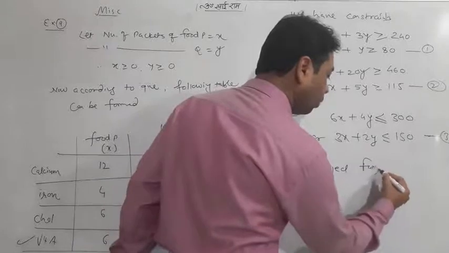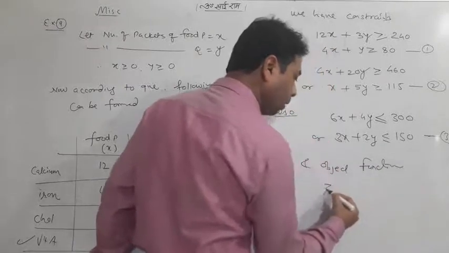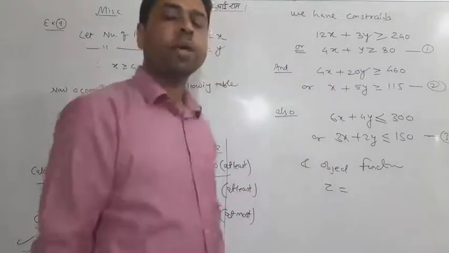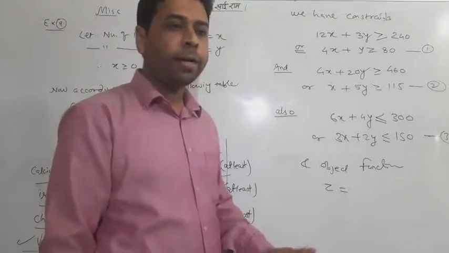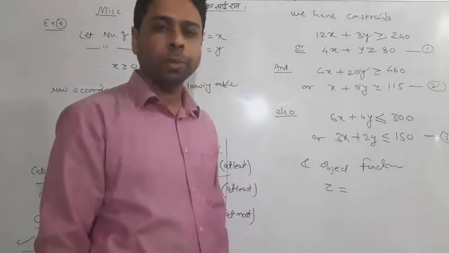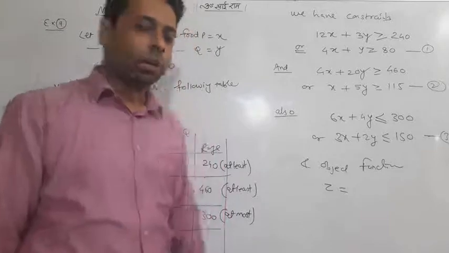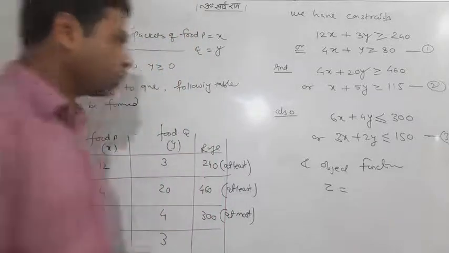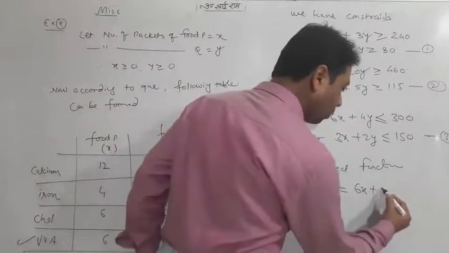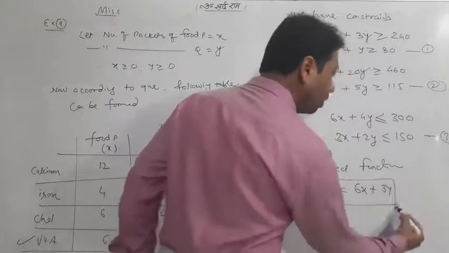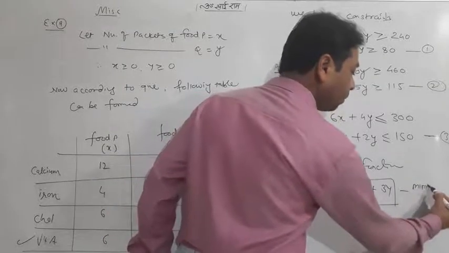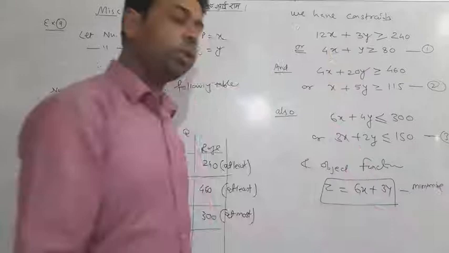What objective function? No profit, no loss, no cost is given. But we are asked here to minimize the quantity of vitamin A in each packet. So definitely vitamin A is 6x plus 3y. This quantity we have to minimize. So this is the objective function.